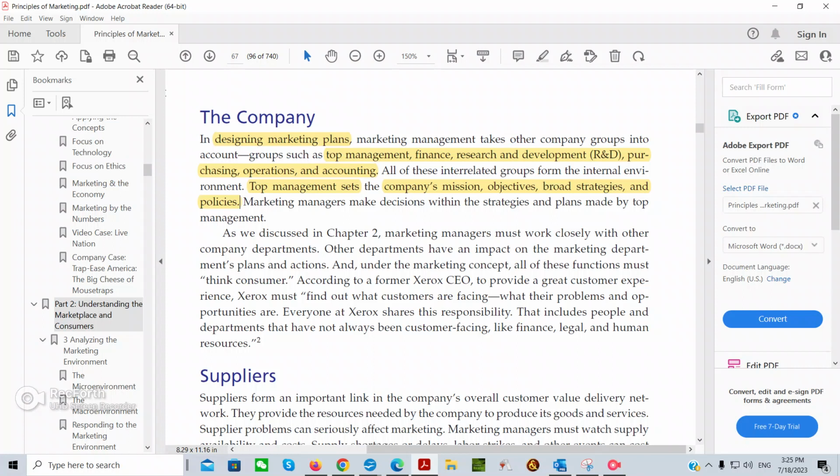Now, marketing managers make decisions within the strategies and plans made by top management. As we discussed in Chapter 2, marketing managers must work closely with other companies' departments. Other departments have an impact on marketing departments' plans and actions. And under the marketing concept, all of these functions must think consumer. According to a former Xerox CEO, to provide a great customer experience, Xerox must find out what the customers are facing.